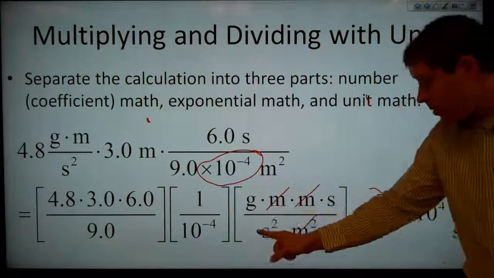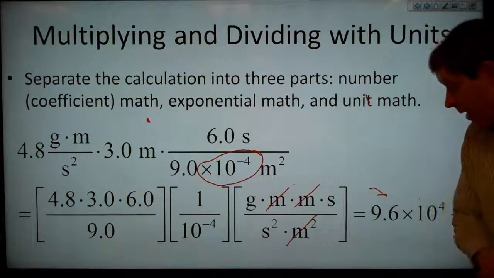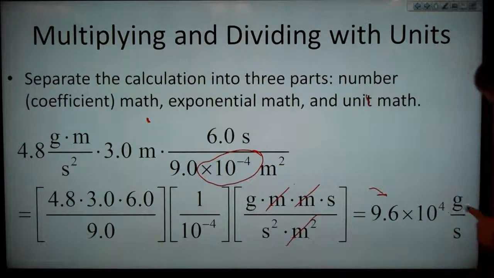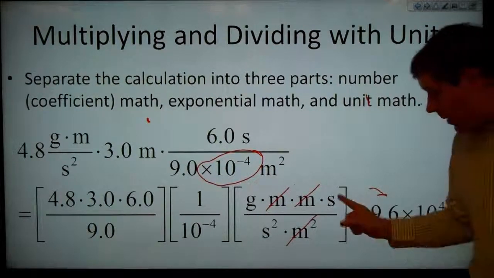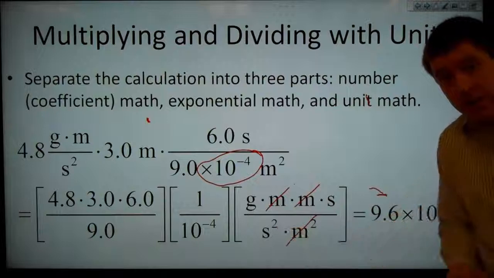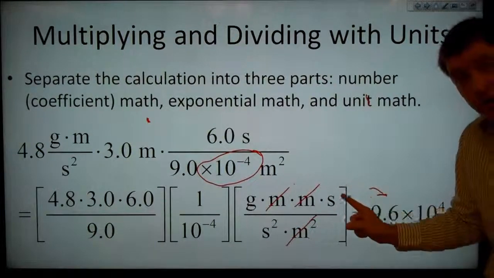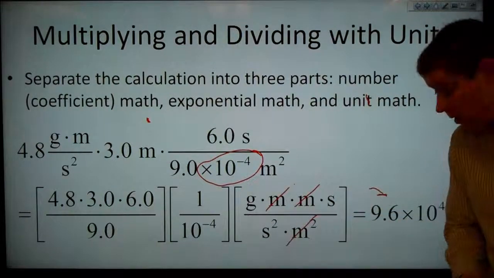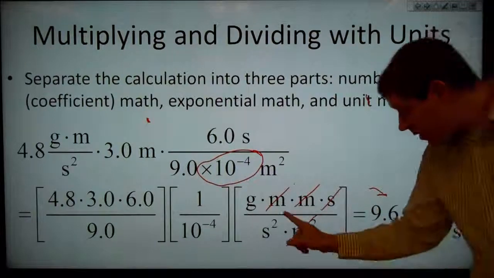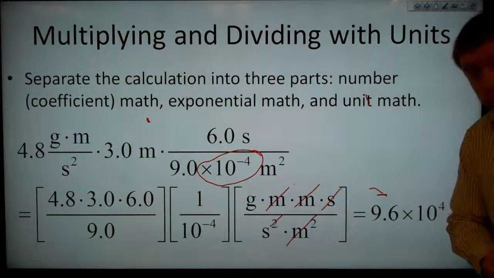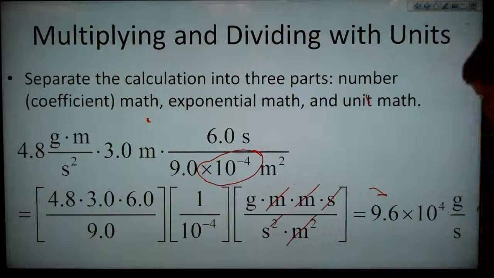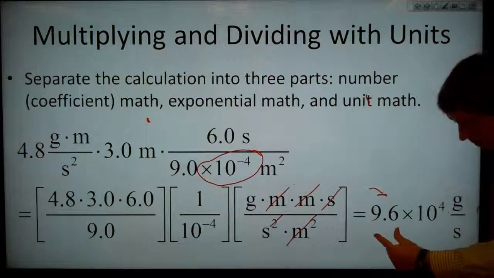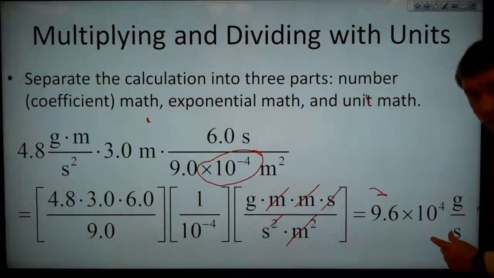The grams, there's no grams on the bottom, so that has to stay. So we've got grams there. Here we have seconds on the top and seconds squared on the bottom. So this is seconds to the first divided by seconds squared. So the 1 second on the top cancels with one of the 2 seconds on the bottom. And so we're left with grams over seconds. So our answer overall is the combination 9.6 times 10 to the plus 4 grams per second.